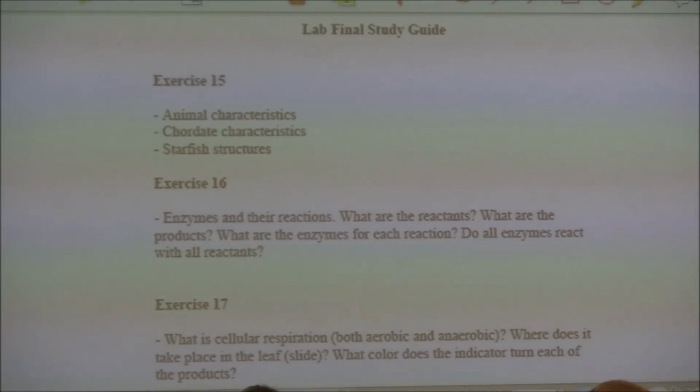Give me another one. Myotomes or muscle blocks. What's another one? Dorsal hollow nerve cord.